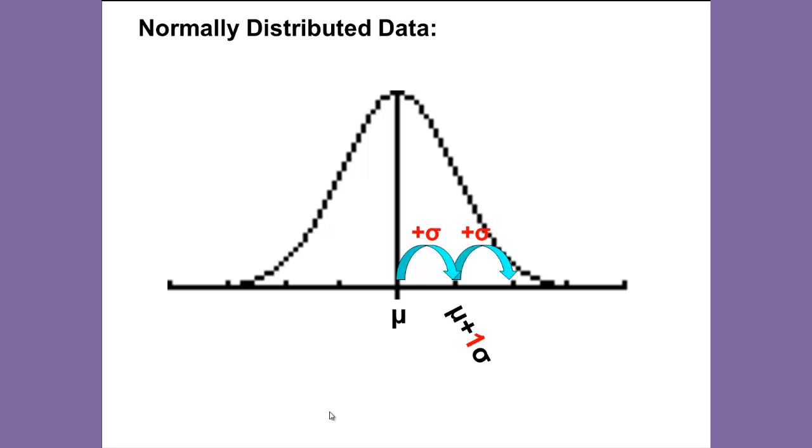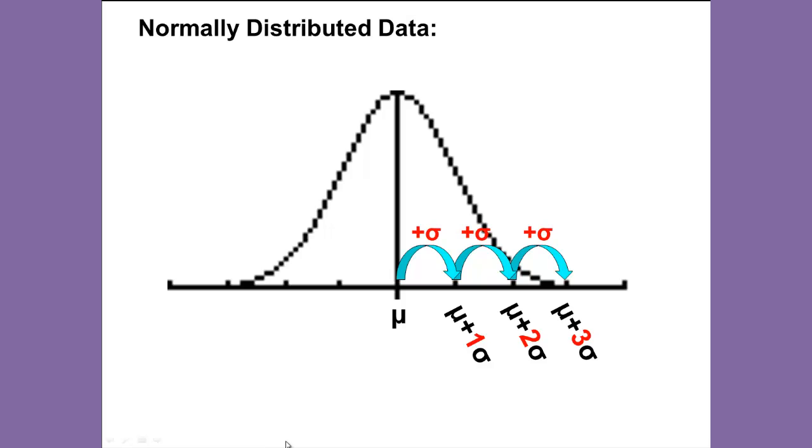Then we can have a second standard deviation jump, adding another standard deviation, and that would give us the mean plus 2 standard deviations, or mu plus 2 sigma. And we could add another standard deviation, another sigma, and that would give us mu plus 3 sigma, or the mean plus 3 standard deviations. And that takes care of moving toward the right.